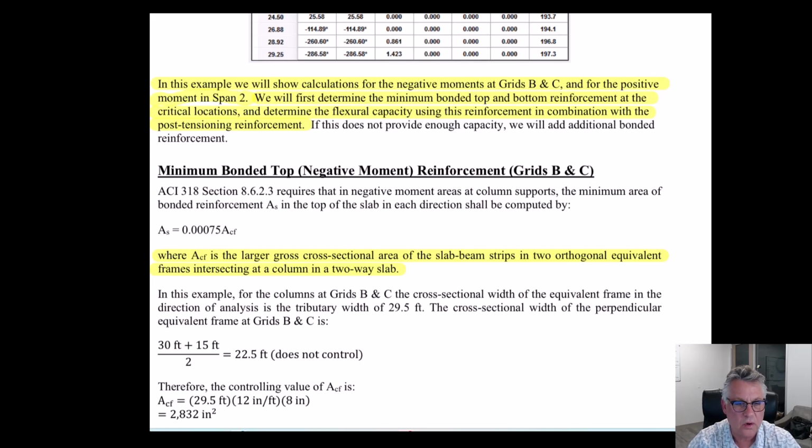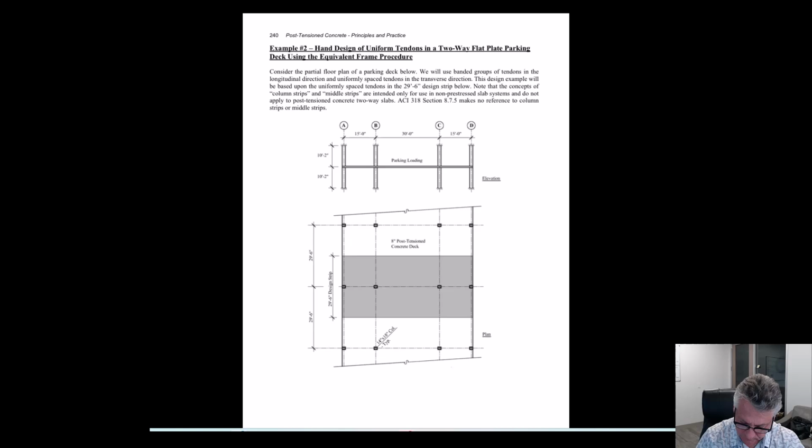So in other words, whatever you calculate at a column in one direction as the minimum reinforcement is going to be the same exact minimum reinforcement that you need in the other direction. That's why I brought in this.